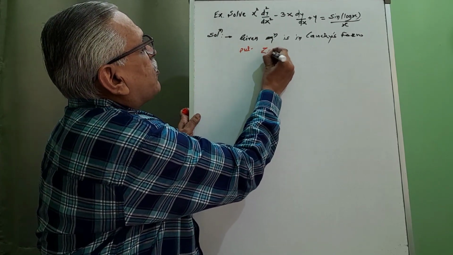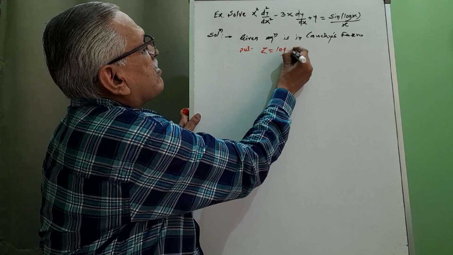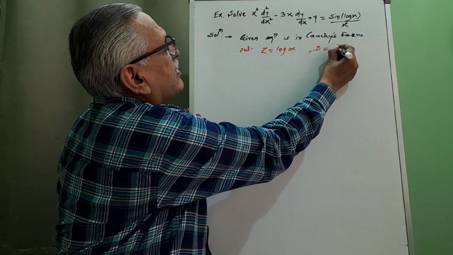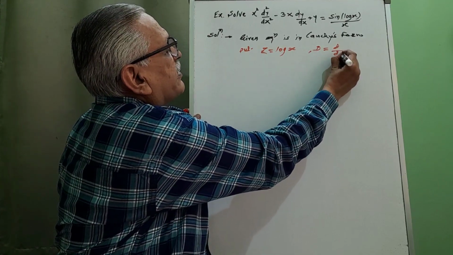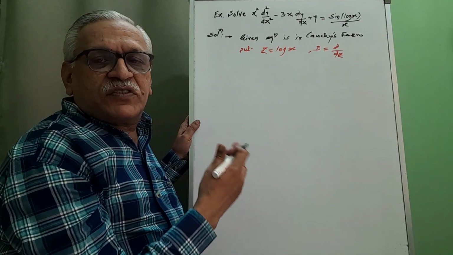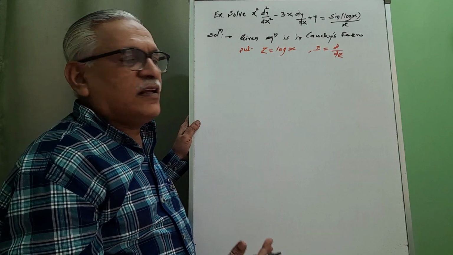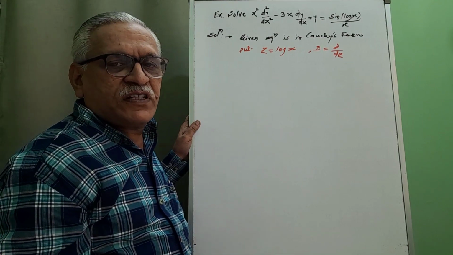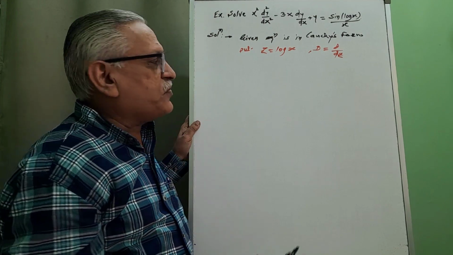That substitution is z is equal to log x and capital D as d by dz. This is the standard substitution to convert any linear differential equation with variable coefficient to linear differential equation with constant coefficient.